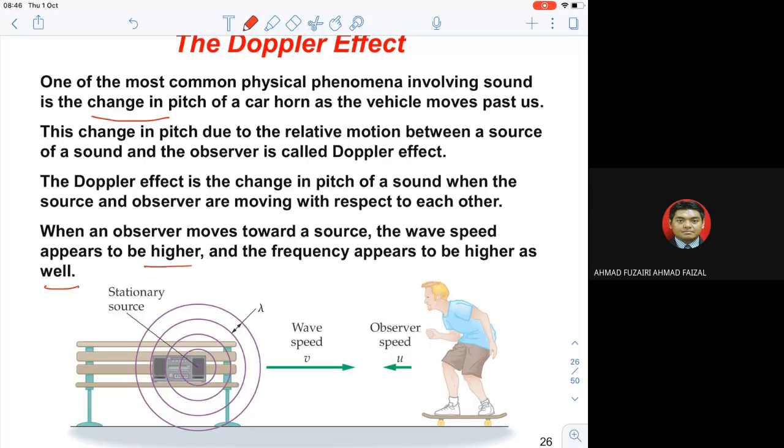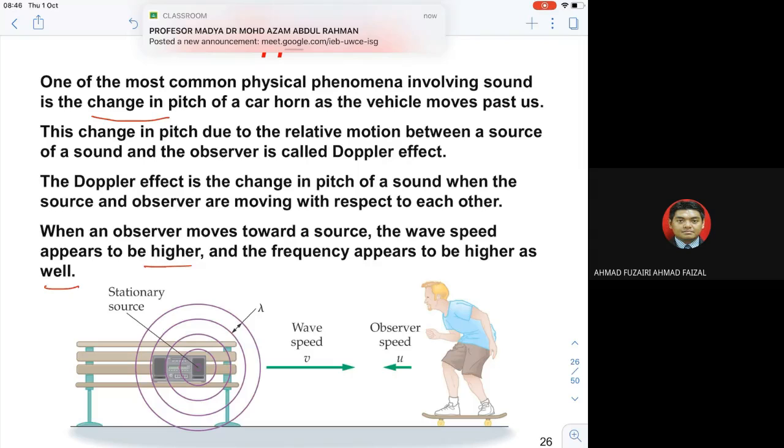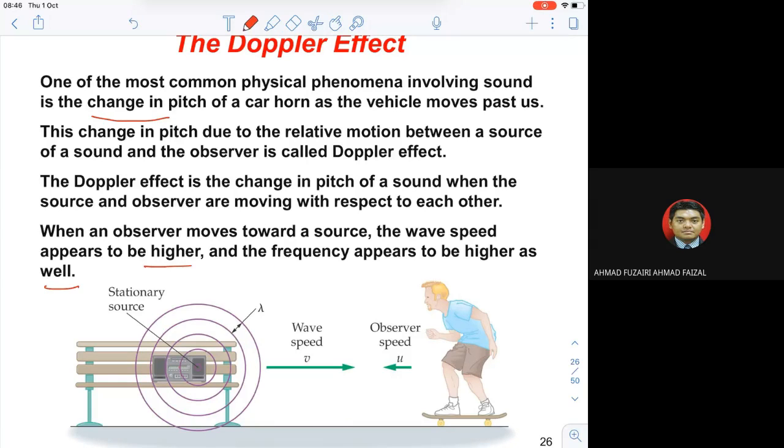Now, you have a stationary source, but what if the source of the sound is a moving ambulance? You will hear the ambulance from far away because of the sound. You know that the ambulance keeps coming and is getting nearer to you. Why? Because the sound is getting louder.